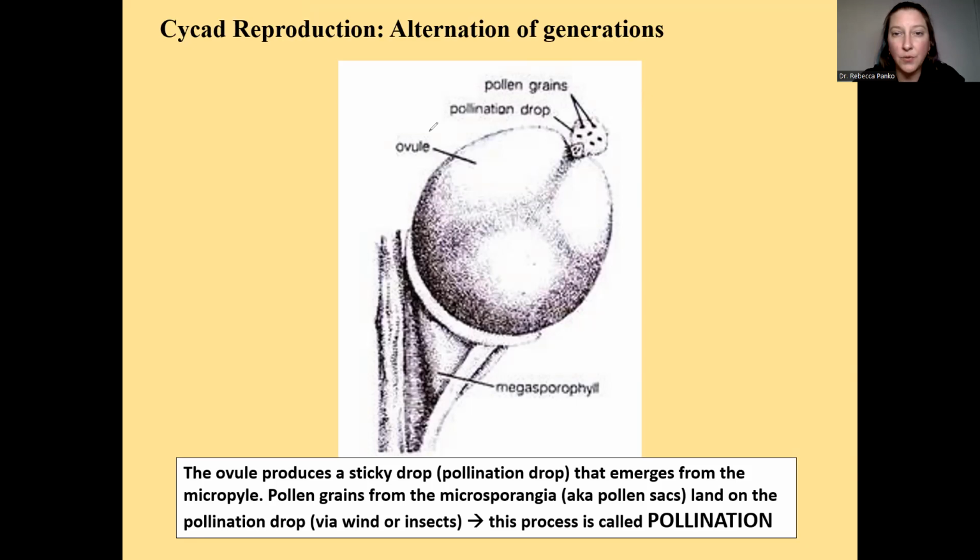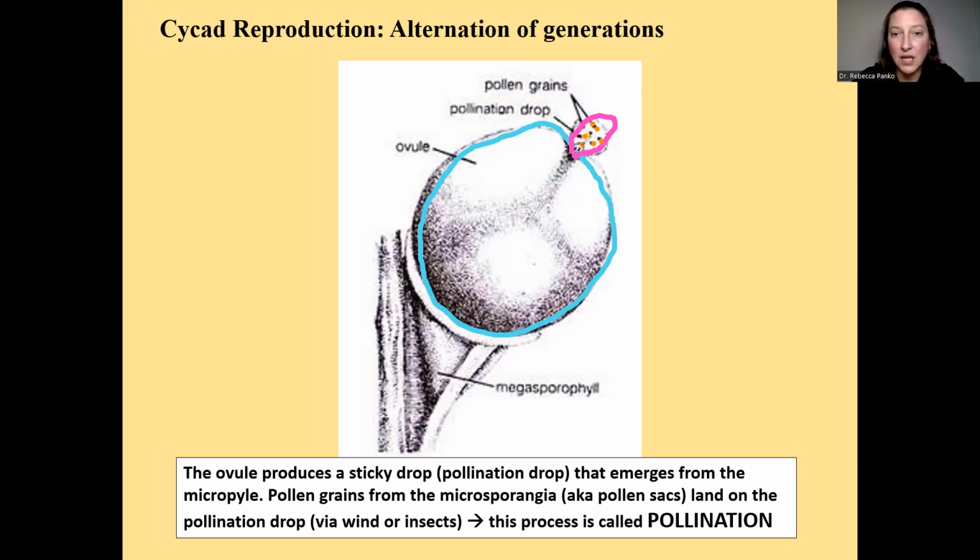So this whole thing is an ovule. And what happens is, through the micropyle, remember the hole, a little sticky drop, which is called a pollination drop, will come out of the ovule at the micropyle. The pollen grains, which I'll do in orange, will land on this sticky drop.